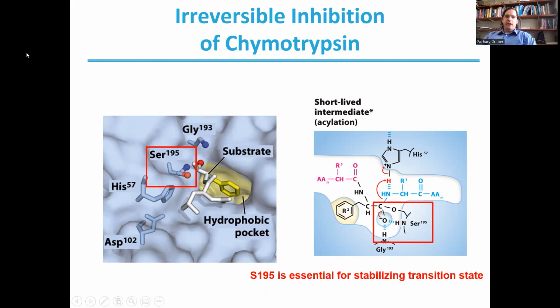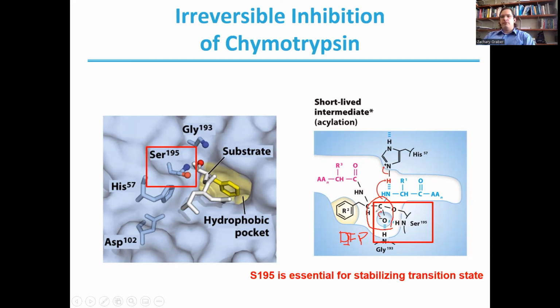If we attach that large DIFP group here, that's going to completely block this active site and prevent our enzyme from functioning normally. So our serine would no longer be able to stabilize our transition state. In fact, instead, we'd have a large molecule sitting here and actually blocking our substrate binding.